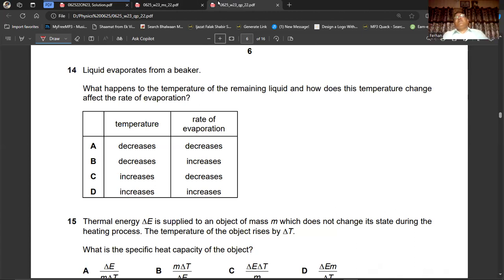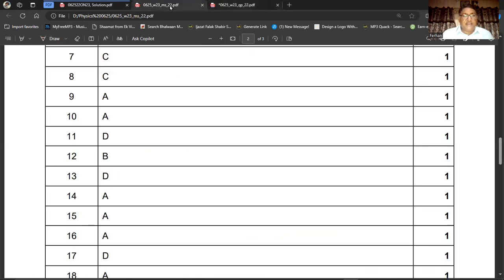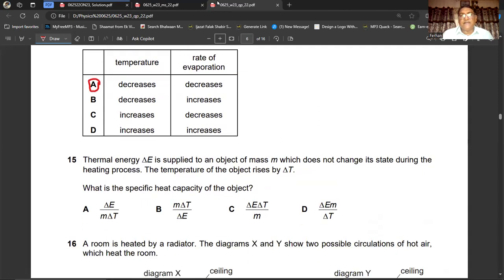And when the temperature drops, the rate of evaporation also decreases. So I think A is the option. Question number 14, A is the option, sir. That is right. I hope you understand this concept.